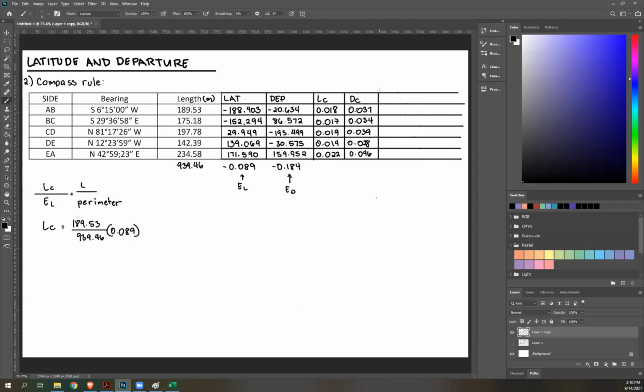This is now the corrected latitude first. As you can see here, the summation of latitude is negative.